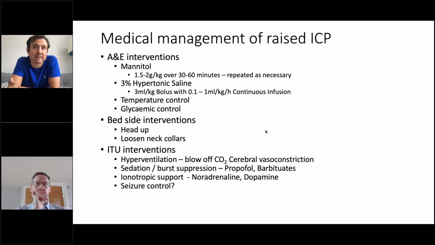You can argue that that's too late, but in some ways the problem with giving mannitol is you only really have one good hit, and it gives you that window to intervene. So you want to keep your powder dry and wait until you really need it, and then give it, and then the clock's ticking.